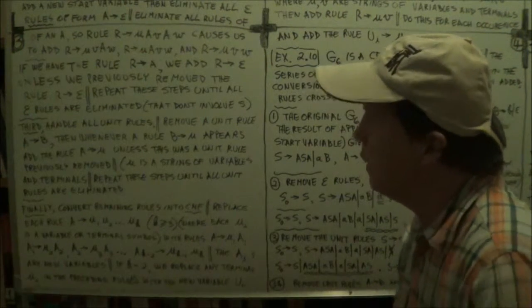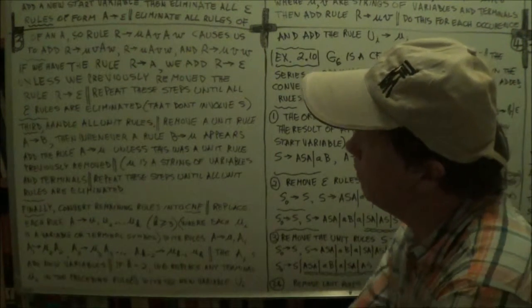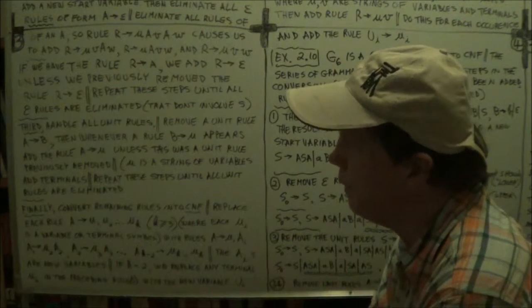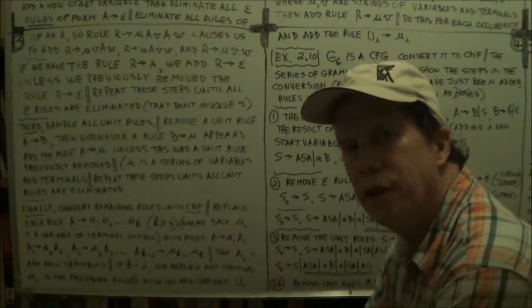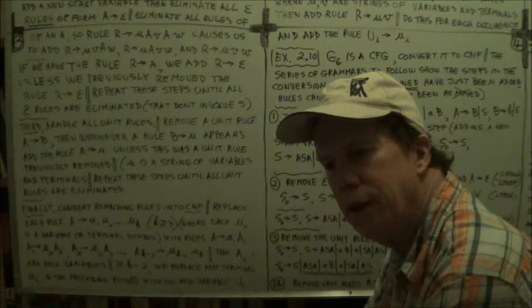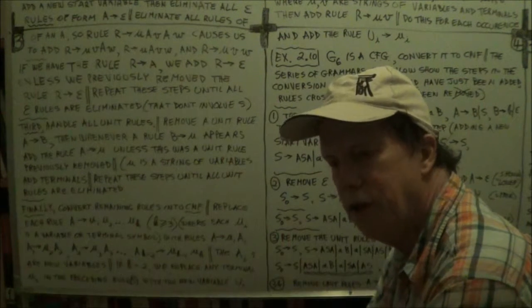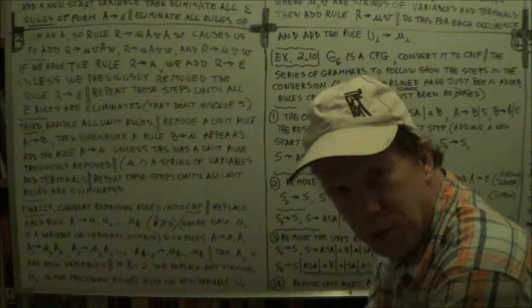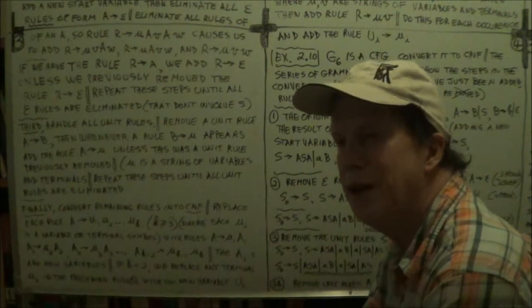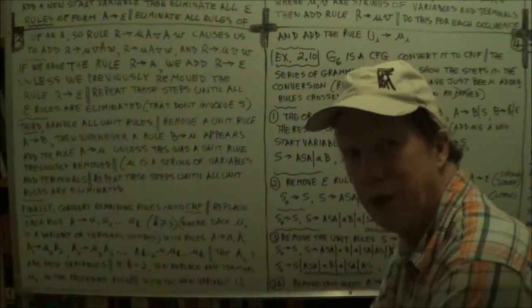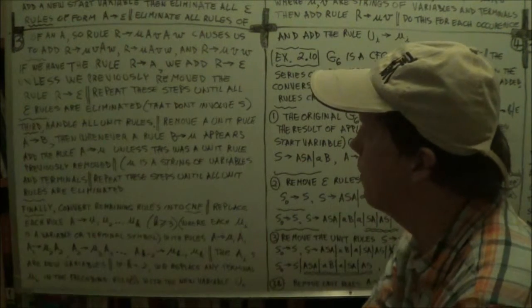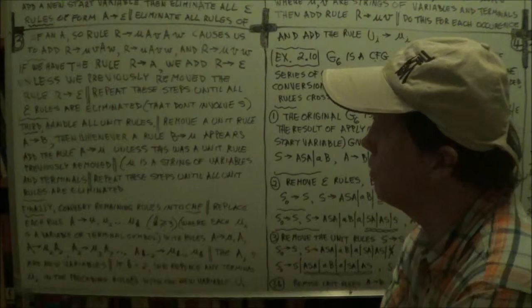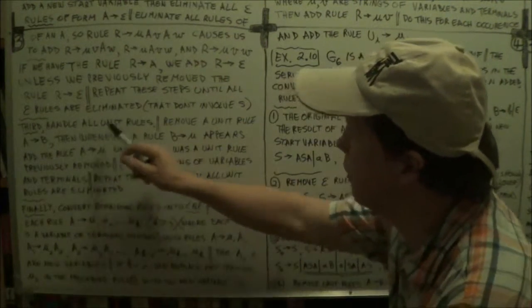Okay. Now, third step in detail. The third step is about the unit rules. You remember what they were? They had a single variable on the left-hand side, as all rules do in context-free grammars, and a single variable on the right-hand side. So of the form A arrow B, let's say. So you remove those rules. They're just called unit rules of that form.